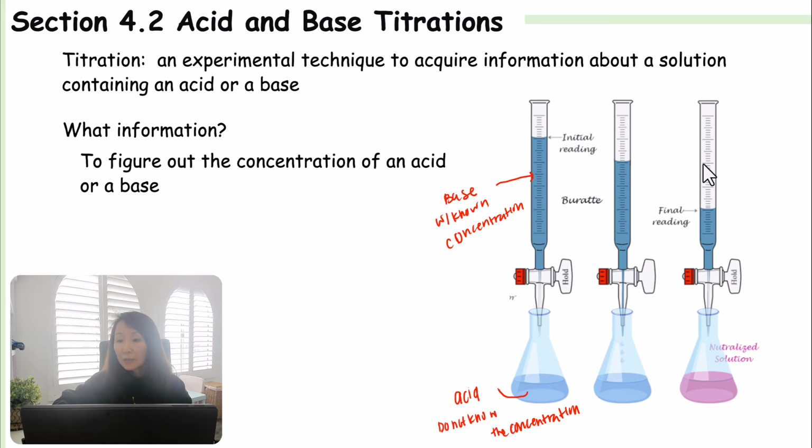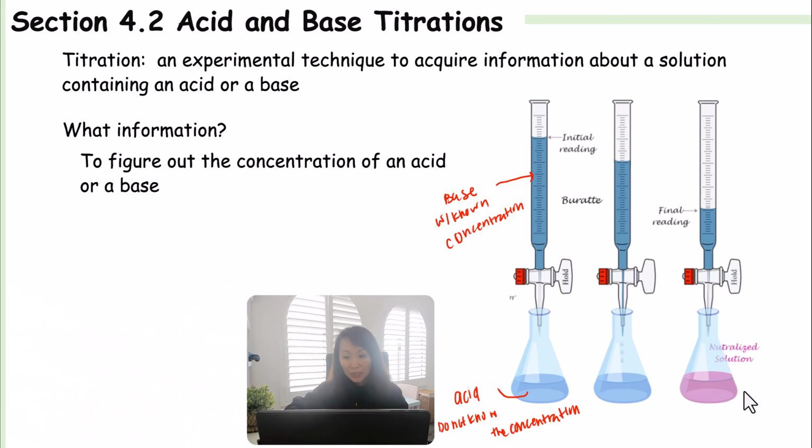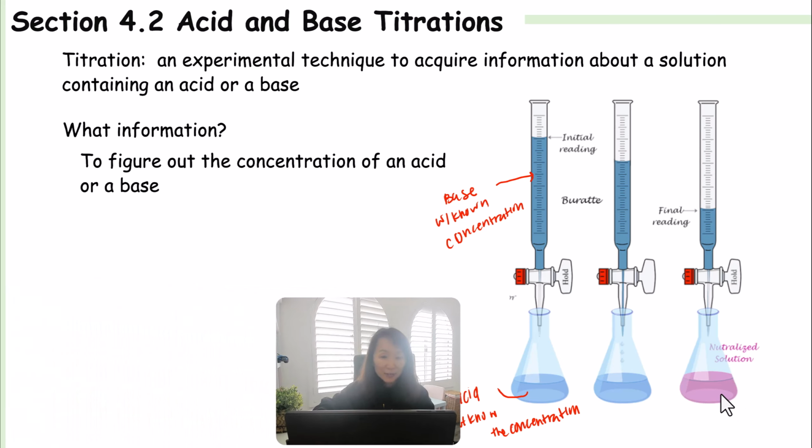Depending on how much of that base you have dispensed, you can tell what the concentration of the acid is by calculation. So our goal today is to calculate how much concentration this would be, and maybe even the pH. What is the pH level here?